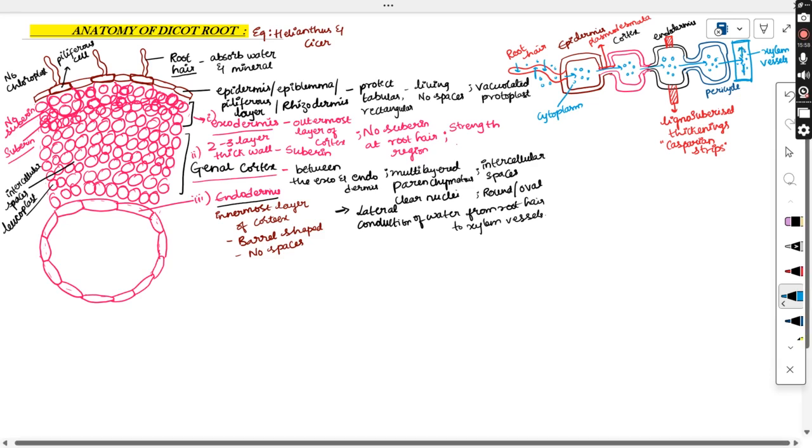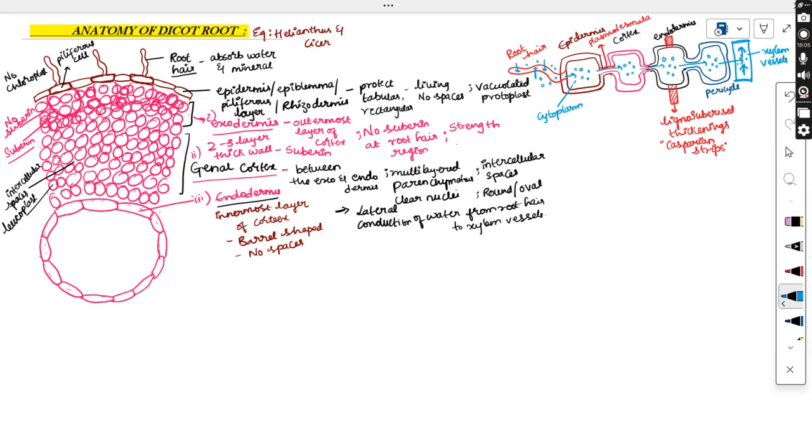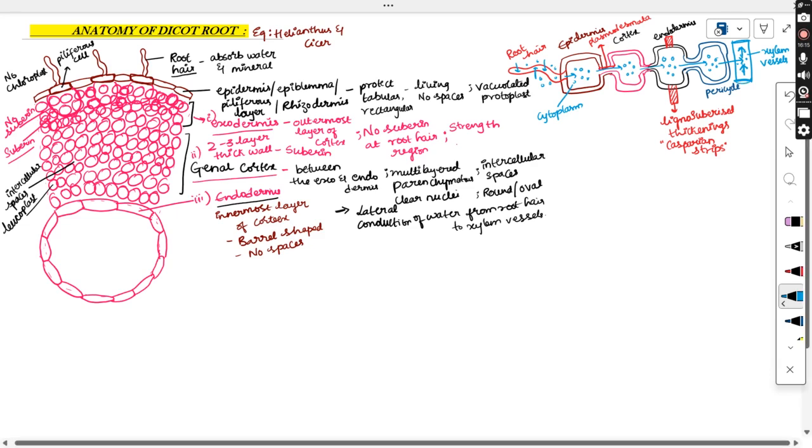And in the xylem, we have a unidirectional way of transportation of water. So this pathway, where the water is transported through the cytoplasm of epidermis, cortex, endodermis and pericycle, finally reaching the xylem, is called the symplastic pathway. So water can be transported in a symplastic pathway, or the symplast.